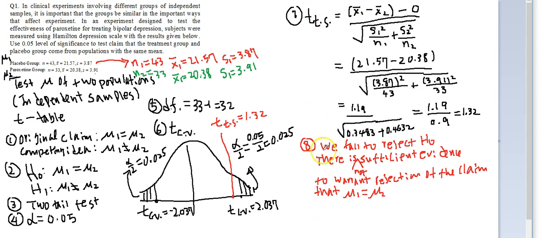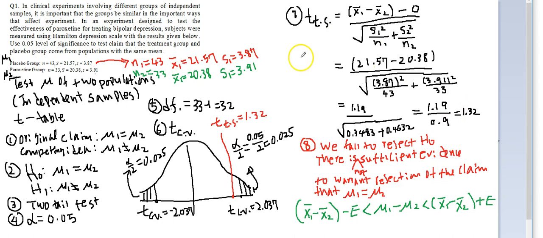Okay, so remember that setting up the two population confidence interval was x bar 1 minus x bar 2, minus the margin of error, then mu1 minus mu2, then x bar 1 minus x bar 2 plus the margin of error. So now we're going to have to find out what the margin of error is, right? So I'm going to do it up here.